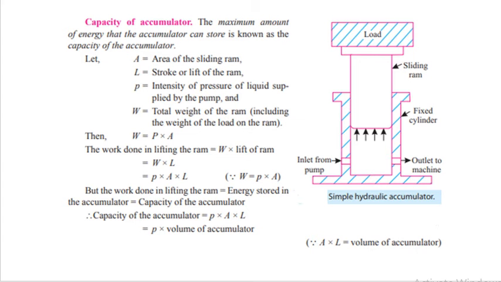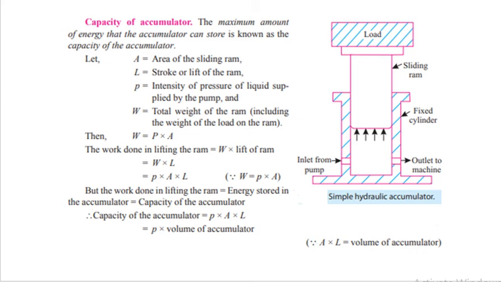Flow of more liquid continues till the ram is at the uppermost position. This is the uppermost position of the ram. At this uppermost position, the cylinder is full of water and the maximum amount of pressure energy is accumulated in this space inside the cylinder.